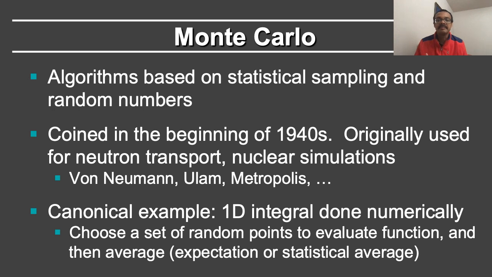Many of the great minds, such as von Neumann, Ulam, and Metropolis, worked on these problems. The canonical example we will consider is a one-dimensional integral done numerically. It can be done by choosing a set of random points to evaluate the function and then averaging them, or taking the expectation or a statistical average.